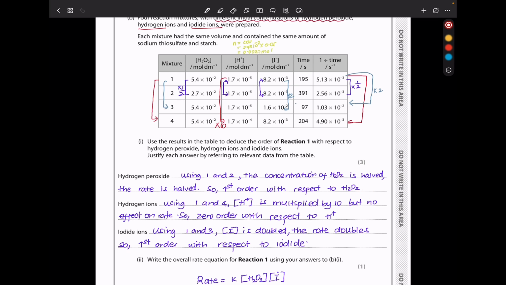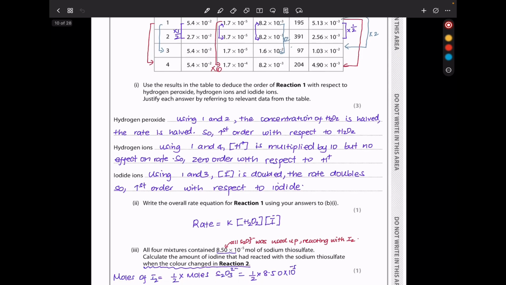Going to mixtures 1 and 3. When the concentration of iodide is doubled, the rate also doubles. So that is going to be first order with respect to iodide ions. And going to reactions 1 and 4, when the concentration of hydrogen ions is multiplied by 10, it's almost like there is no change in the initial rates. So that is going to be zero order with respect to hydrogen ions.